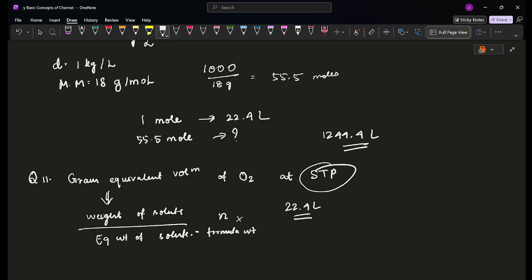Okay. So what it has told is work for 1 mole of any gas at STP is 22.4, and for O2 1 mole corresponds to 4 equivalents. That is, it accepts 4 electrons to form 2H2O. Okay, but I still don't get it.